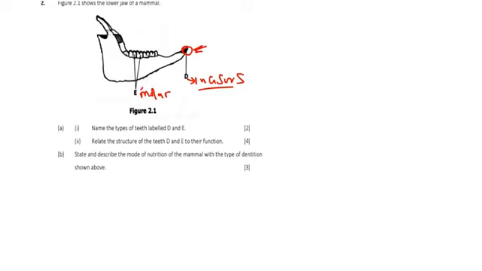Relate the structure of D and E to the function. So in short, what is the function of the molars and what is the function of the incisors? Incisors, as we can see, are chisel shaped. And what did we say is the function? For cutting and biting.